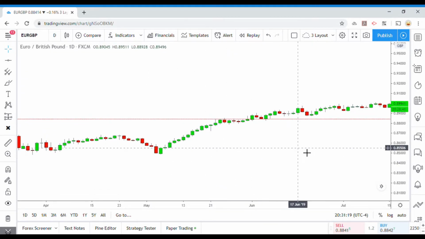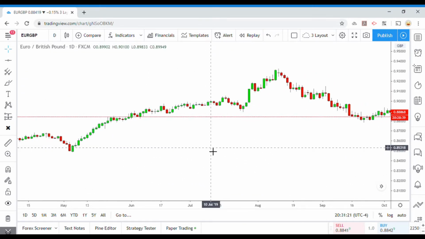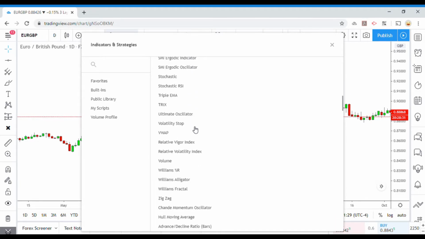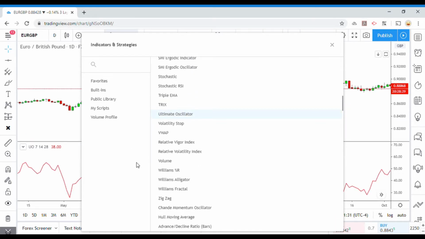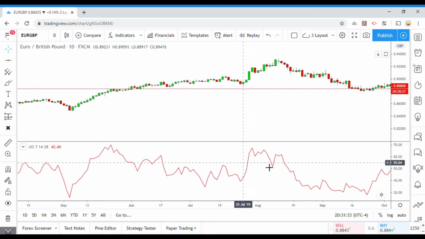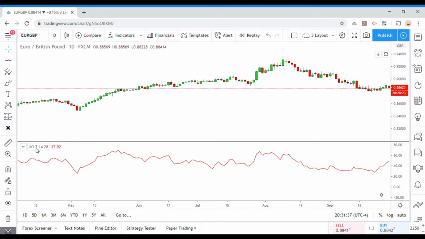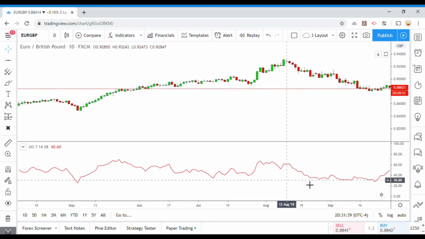Let's get rid of this one because we already know that it just doesn't seem to be doing anything. Let's find ourselves an oscillator. Awesome, there we go. The ultimate oscillator is what this one's called.